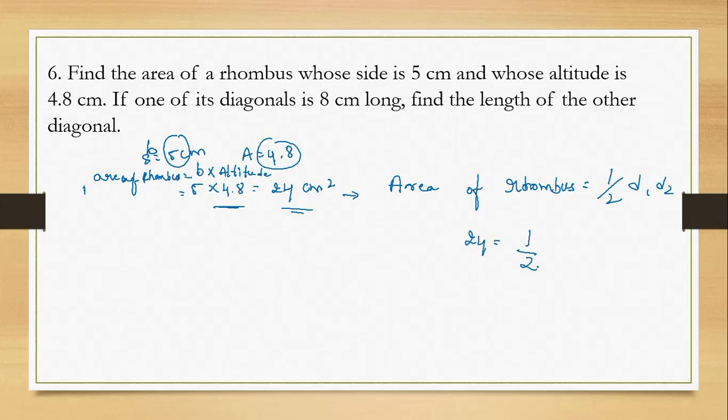Half into, we know that one diagonal is 8 and we need d2. Then shift 2 here and 8 here. Then 24 into 2 by 8 is equal to d2. 24 into 2 is 48, 48 by 8 is equal to d2. 8 6s are 48, then d2 is equal to 6 centimeter. This is the other diagonal value.